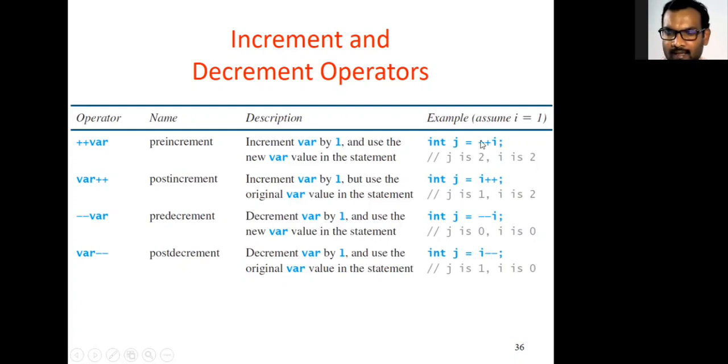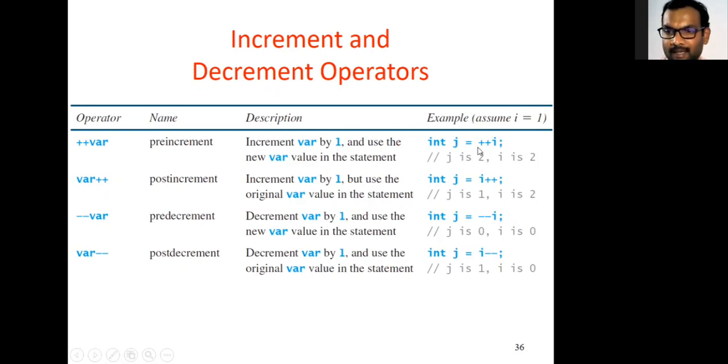After that, the result is assigned to j. Initially, assume the value of I equal to 1. So plus plus I indicates the value of I is incremented by 1, that is 2. After incrementing, the value is assigned to j. So in both cases, the I value has become 2. After that, that 2 value is assigned to j.